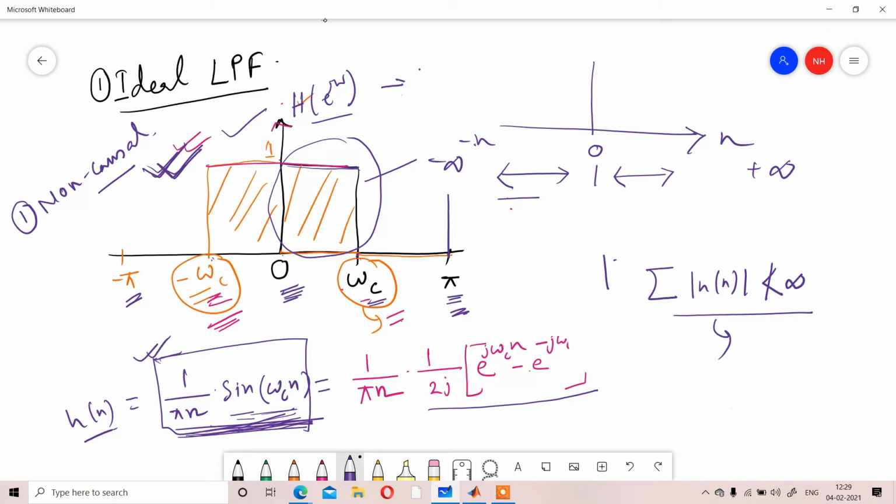That means the system is unstable. So we are getting two properties: one is non-causality, another is instability. Is that clear? Why is the ideal low pass filter non-causal and unstable?